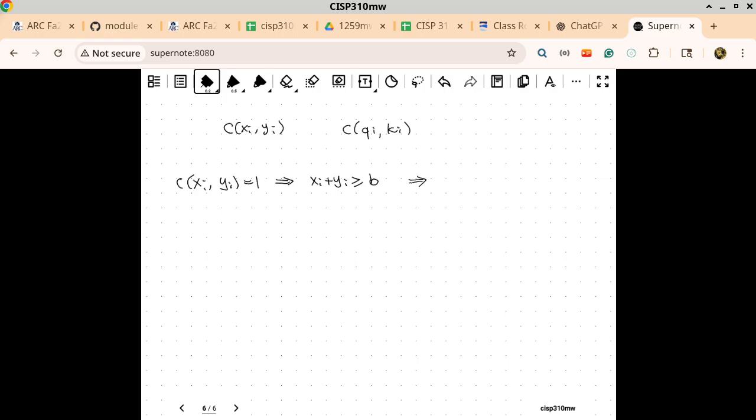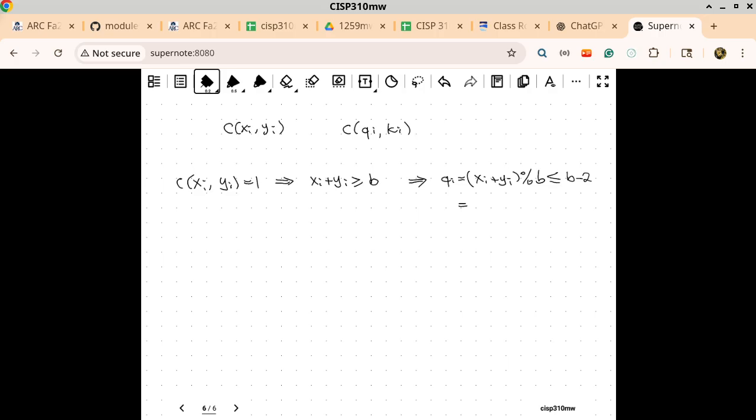So this implies Q of i is going to be xi plus yi, the whole thing mod b. But in this case, basically we can look at this and say this has to be less than or equal to b minus 2, because xi can only go up to b minus 1, yi can only go up to b minus 1.